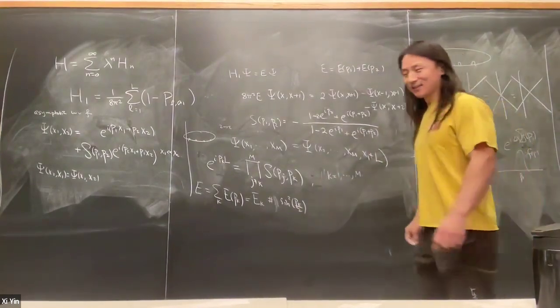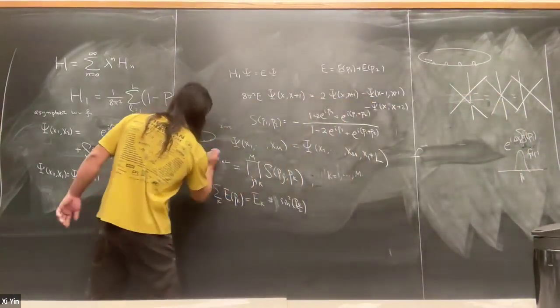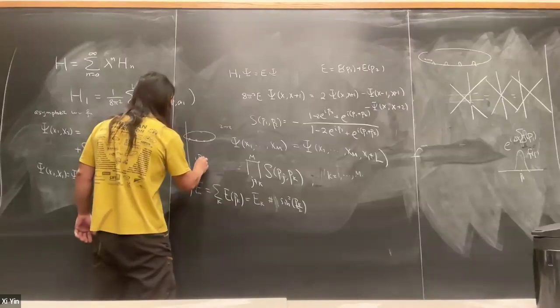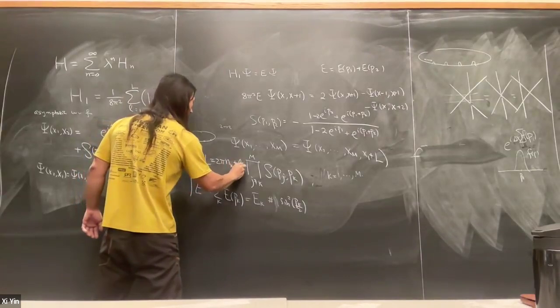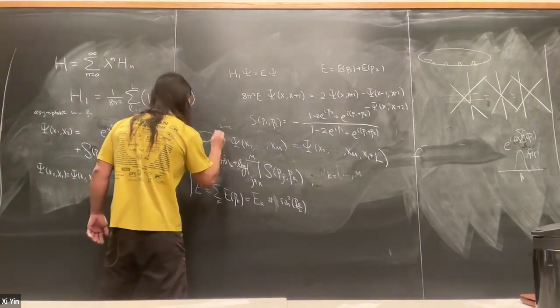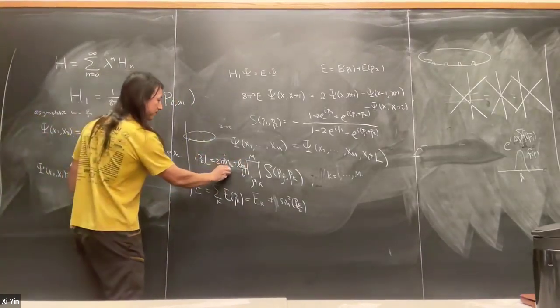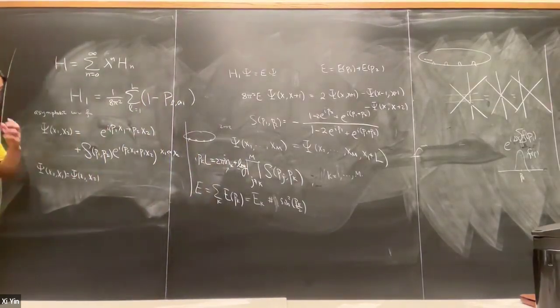Let me make this more explicit. Let's take the log of both sides. i pk L is equal to 2 pi i nk plus log of the scattering phases. These are the momentum quantum numbers, if you wish. The nks are supposed to be integers. Well, you have to figure out what integers are admissible.